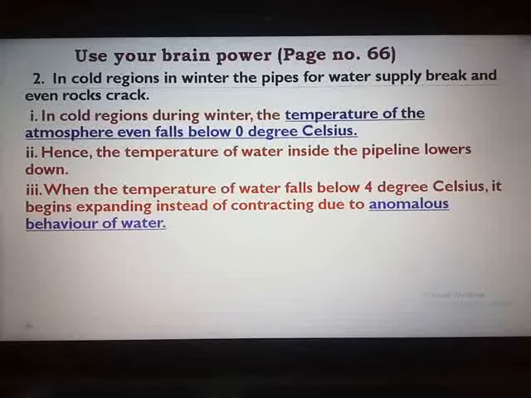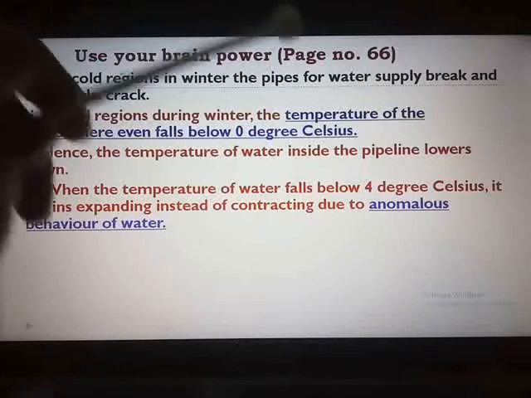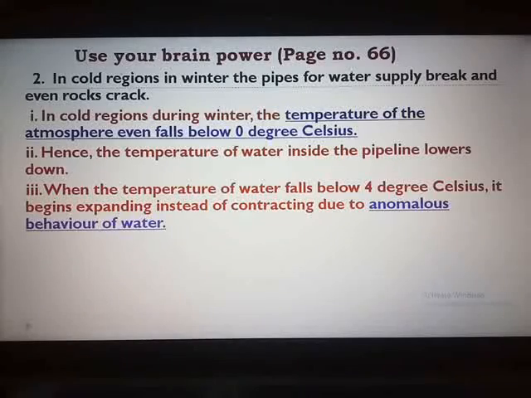This topic should be included in the answers, whether it is about the survival of aquatic life, the cracking of the rocks or the breaking of the water pipes. This will have 1 mark. And at what temperature? Mention that very carefully.